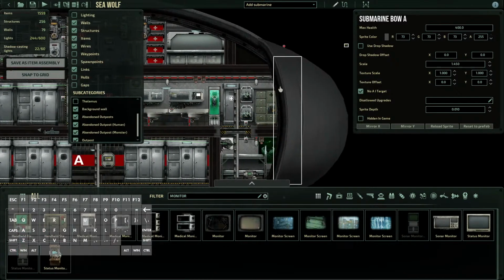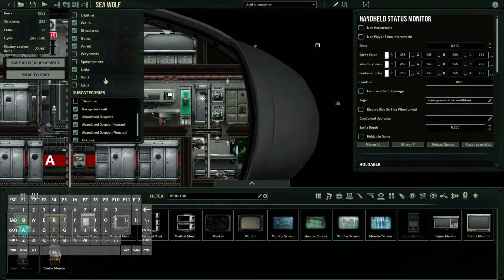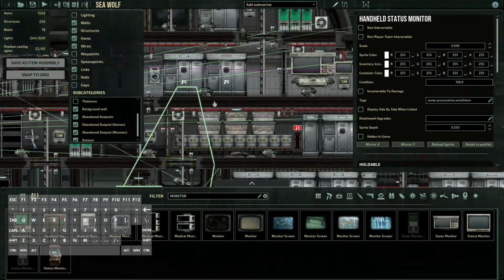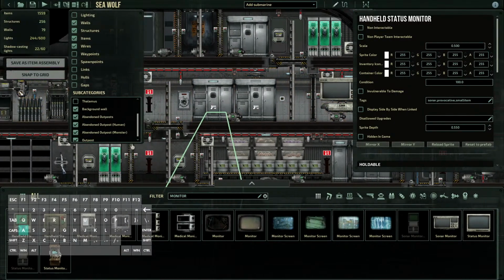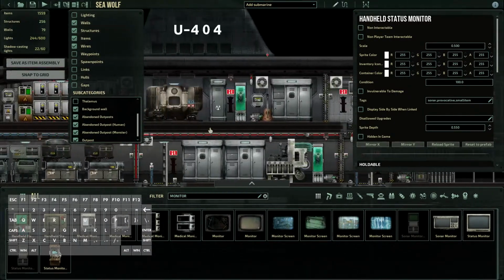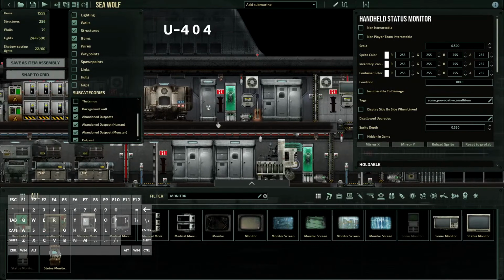Whoa, whoops, didn't want to do that. So let's take this thing, and we're going to drop it somewhere that the engineer can get to it. Here. Oh wait, that's not the engineering bay. The engineering bay is way back here. So I'm going to put this on the floor down here, Mr. Engineer. Test. Oh, I didn't put a battery in it. Damn it.